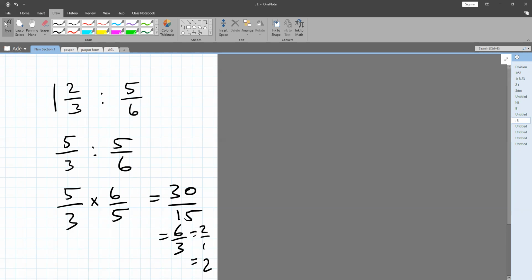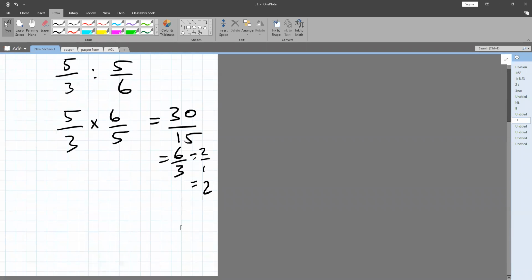Now, this is actually quite interesting when you go from this answer, 30 on 15, and then you simplify it, and then you get this number. So what happened is like this. If you look at the number that you calculate here, the numerator is 5 times 6, and the denominator is 3 times 5.